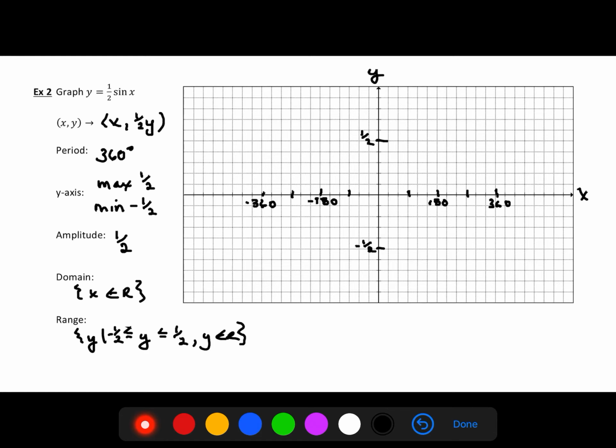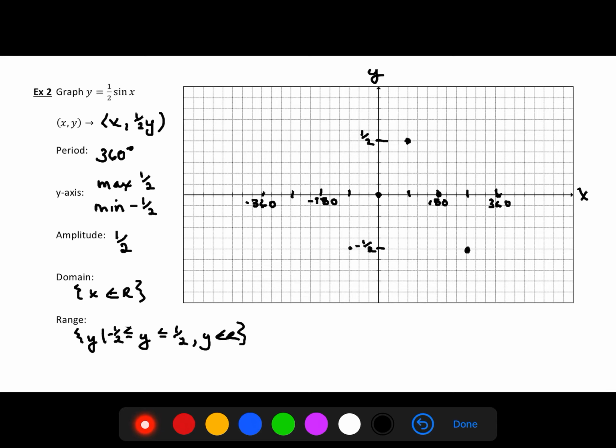So now creating our base graph, we don't really have to put our base graph in here. We know that we're going to start at 0, 0. Our pattern is going to stay the same. Our key points still happen every 90. We just don't go up to 1.